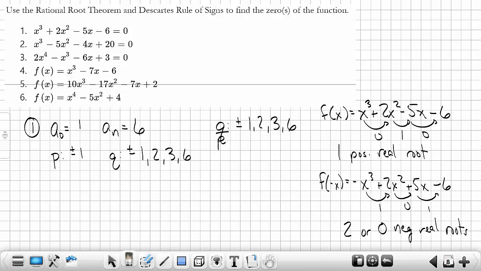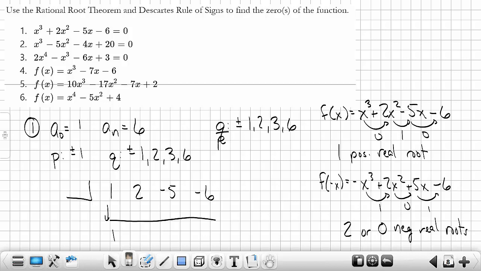So we're going to go with the fact that we have one positive for sure, and we're going to find our first positive. So I'm going to bring in my coefficients for f of x, 1, 2, negative 5, negative 6. So between 1, 2, 3, 6, there's no reason for me to mess around doing ones that don't work.